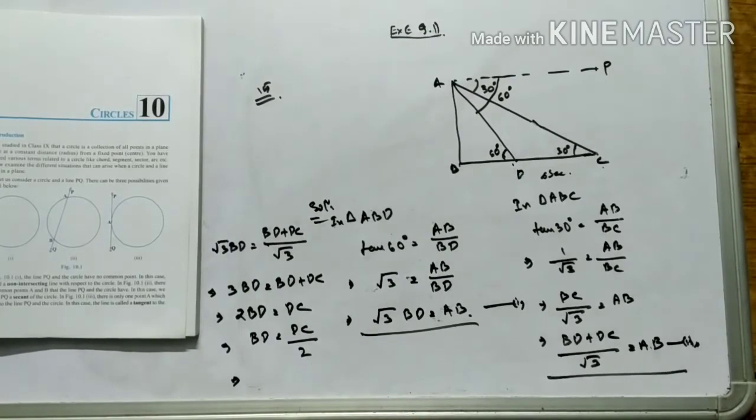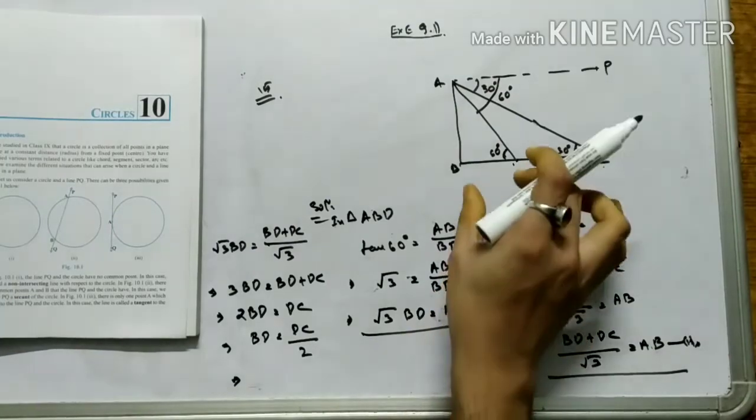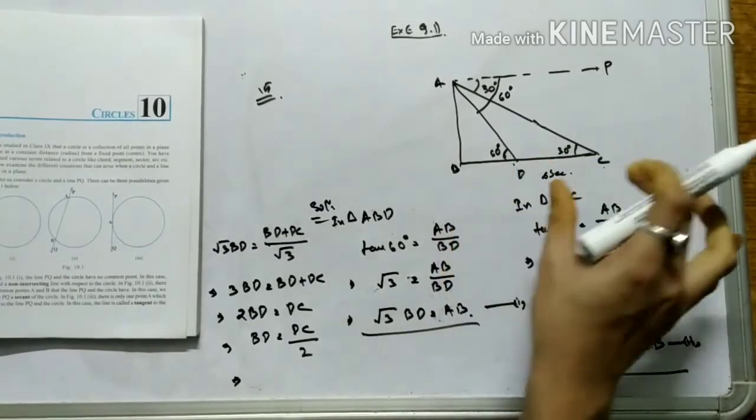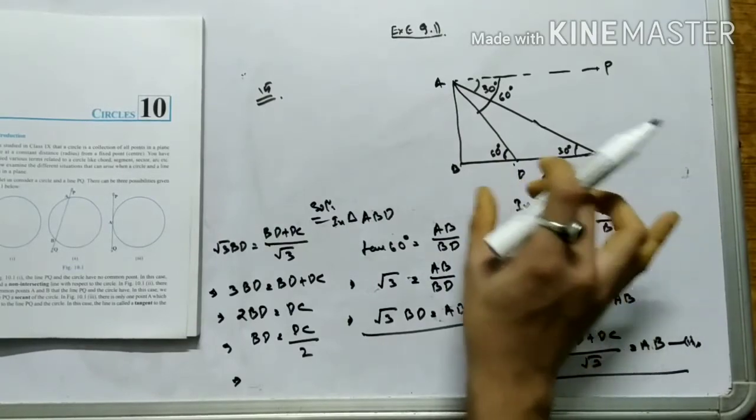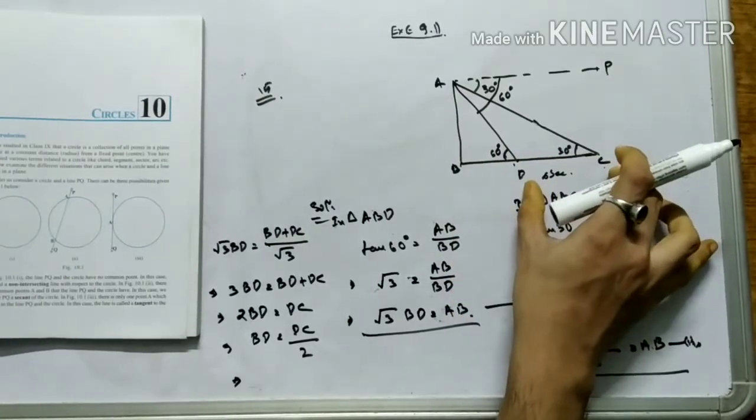Understand? So therefore, BD is equal to DC by 2. That means the length of BD is half of DC.